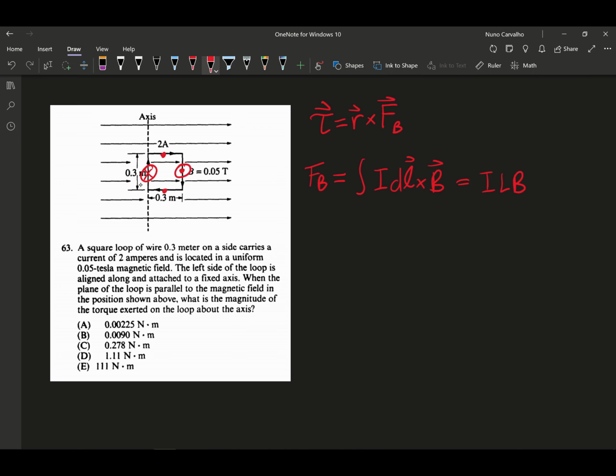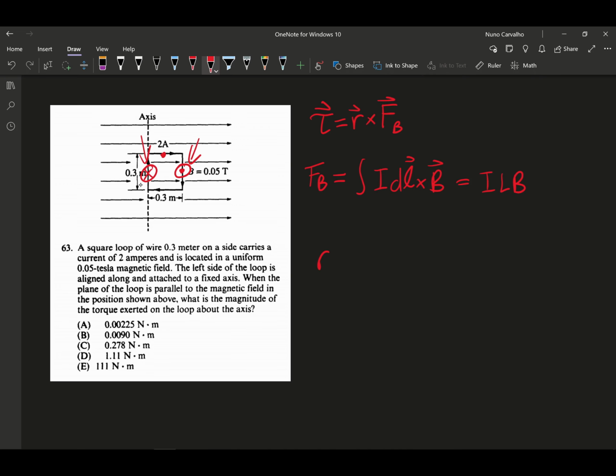Okay, the thing is that this magnetic force right here is at a distance of r equal to 0 away from the axis of revolution, which means that the torque that it provides is 0. So we can also not worry about that, which means we're really only worrying about the torque produced by this one, and we can just do r times F, because the cross product is at a 90-degree angle here.